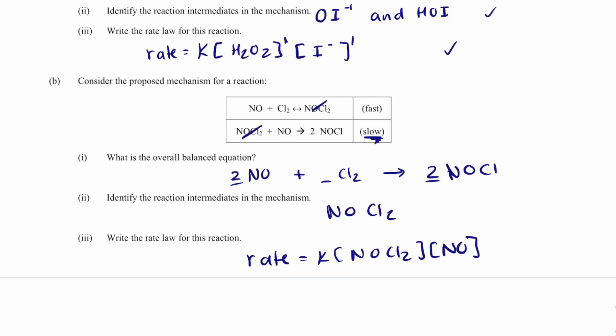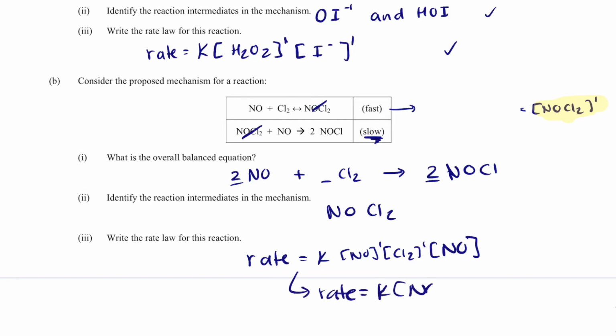So what I need to do is look at the previous step, step 1. And I could say [NOCl2] to the first power is equal to [NO] to the first power, [Cl2] to the first power, and all I need to do is just substitute. So I'm going to erase this down here. That was equal to NOCl2. And now I'm just going to substitute it down there. And then to make it a little bit more clean, I can make it rate equals k [NO] squared [Cl2] to the first power.